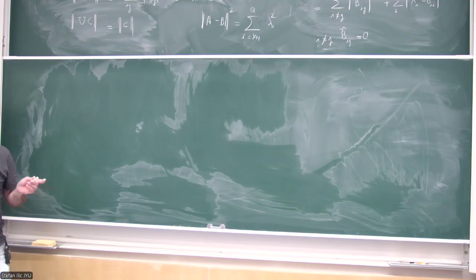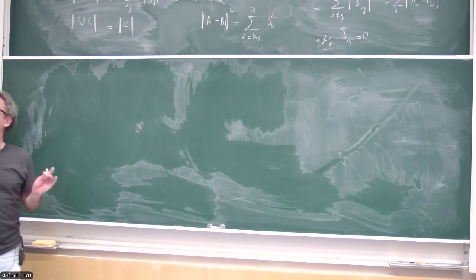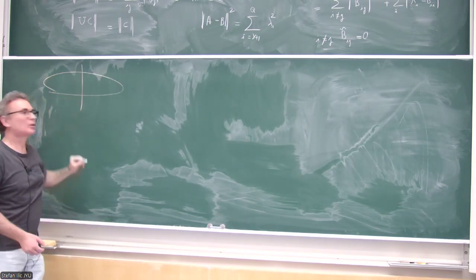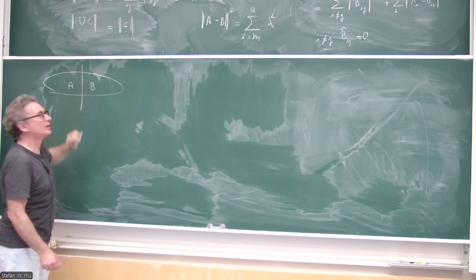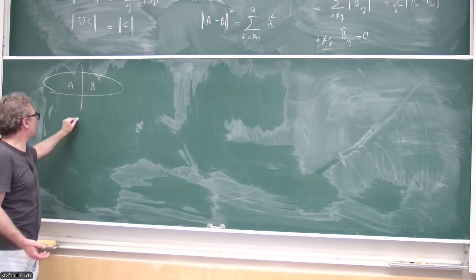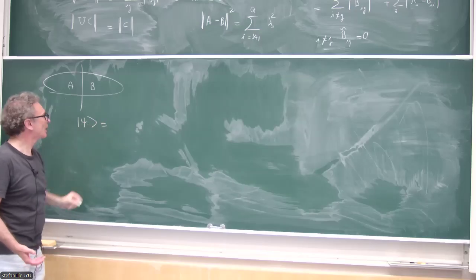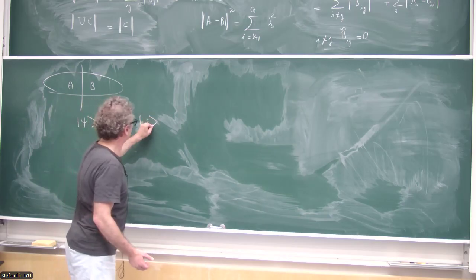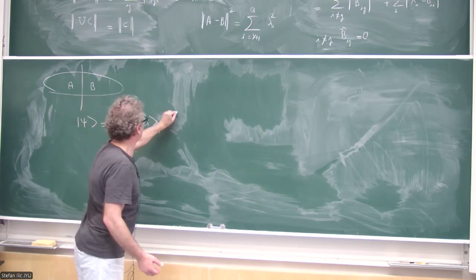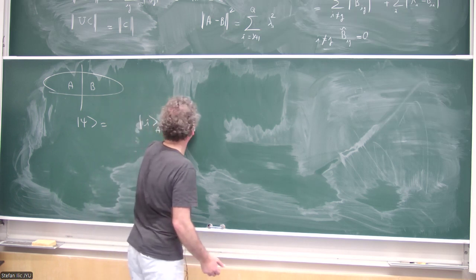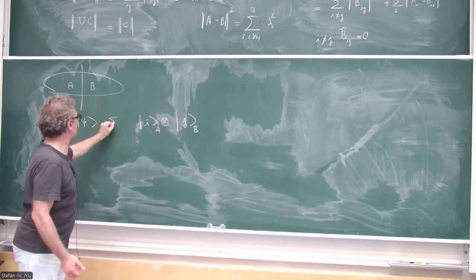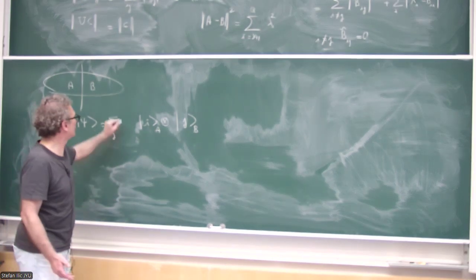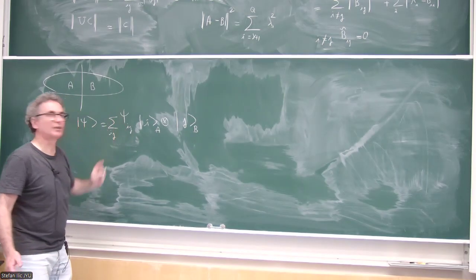So we have a system, and we suppose that it is bipartite. It just means that I have my system, and I cut it into two, and I call the left A and the right B. So I have a general state, psi, and I have a basis set for A, and a basis set for B. The most general thing I can work with in this bipartite system could be anything, right?